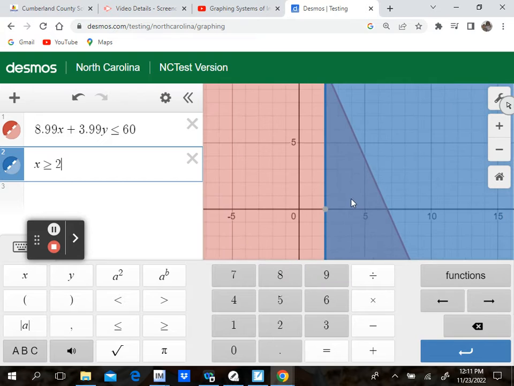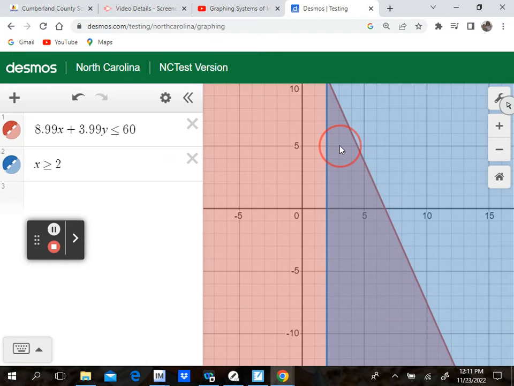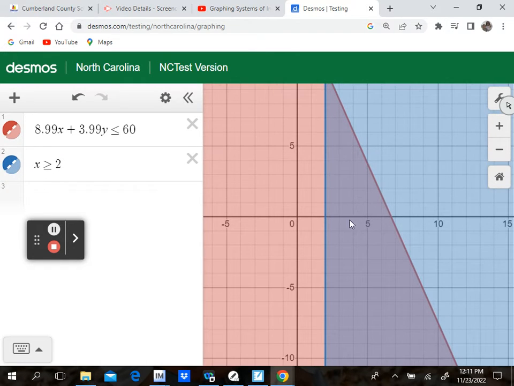Okay, so here we are. So here's our little shaded area right here, this little triangle. Okay, so let's just pick one, right? Let's pick this one right here. So that's, let me zoom. All right, so 1, 2, 3, 1, 2, 3, 4, 5, 3 and 5 works.